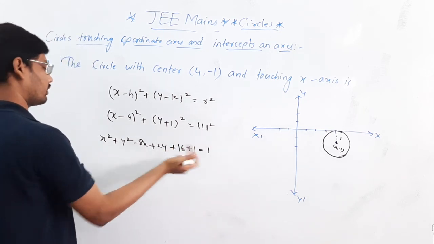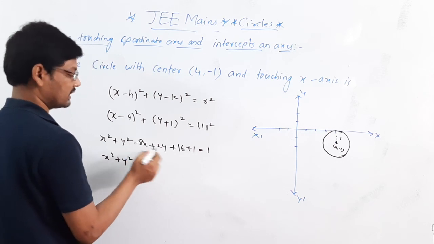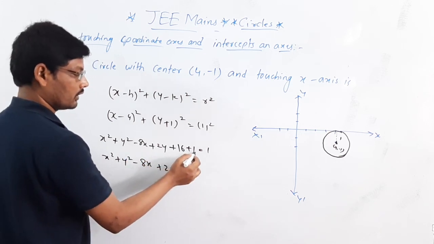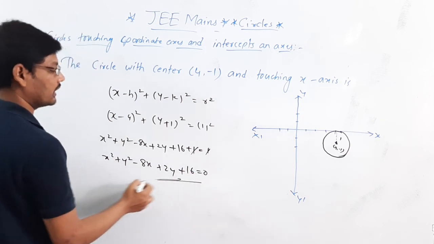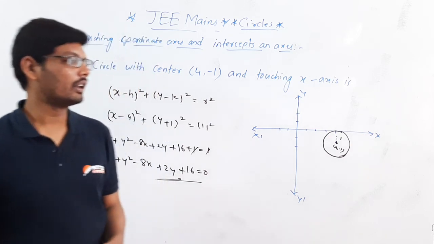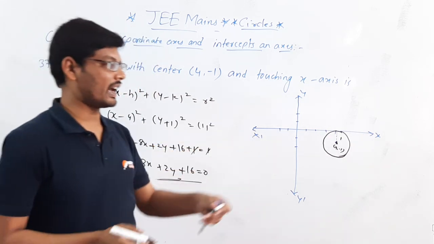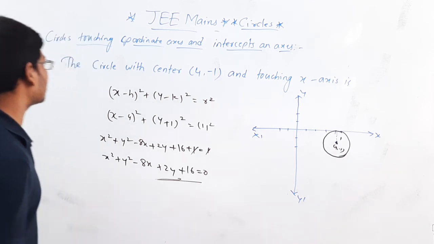This 1 will get cancelled, so x square plus y square minus 8x plus 2y plus 16 is equal to 0. This is the equation of the circle. Simply we can find the diagram: we are getting a radius of 1 unit, and from the radius and center, we can find the circle equation.